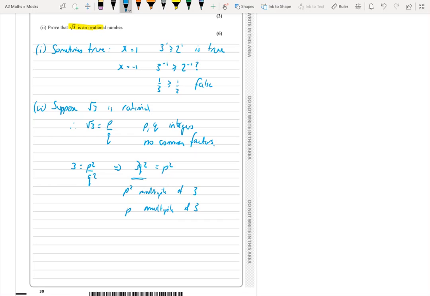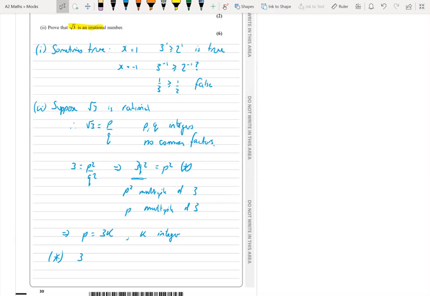Not too exciting so far, but it's an important step in the journey. Well, if p is a multiple of 3, that means we can write p as 3 times another integer. We could probably call it k or n. P is a multiple of 3, so p is 3 times something, where k is another integer, whole number. Okay, well then we come back to, let's put a star beside this equation so we can refer to it. We're going to come back to that star equation and we're going to substitute p equals 3k.